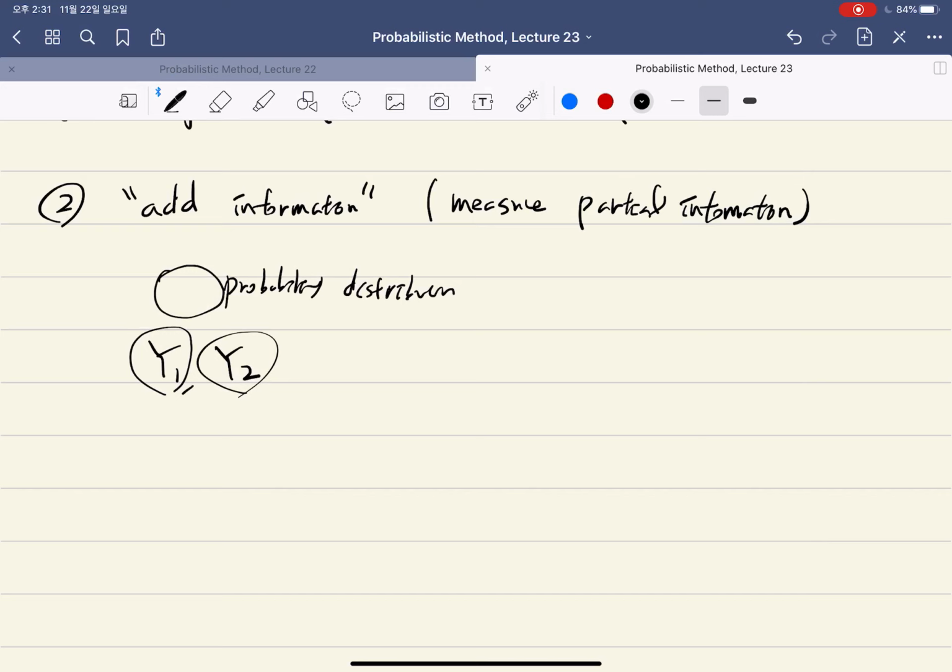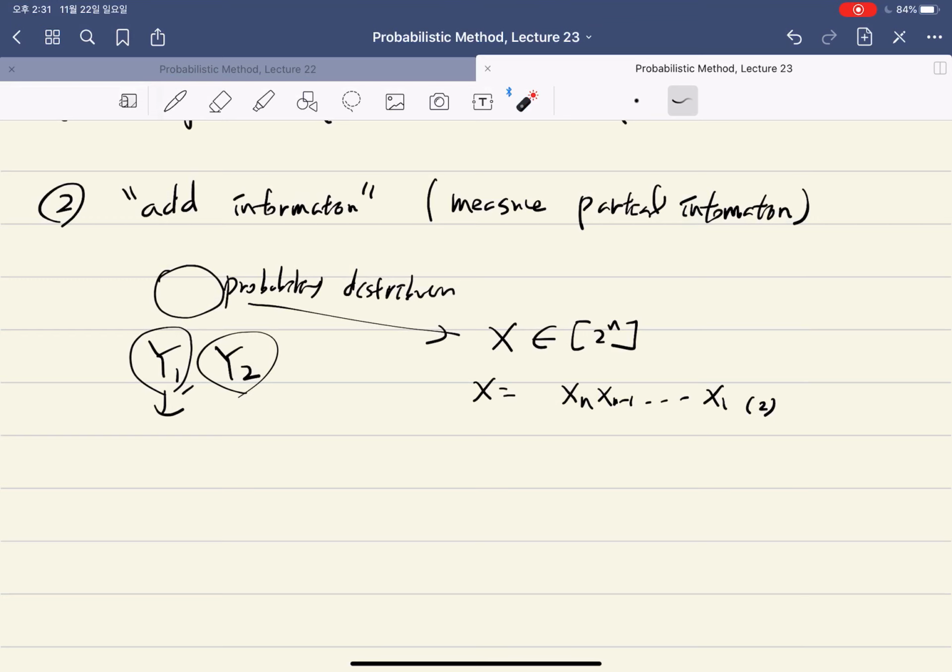For example, if x is in 2 to the n, and Y1 tells us the binary expansion of x, Y1 tells about the first digit, and Y2 tells about the second digit, then these two give independent information.